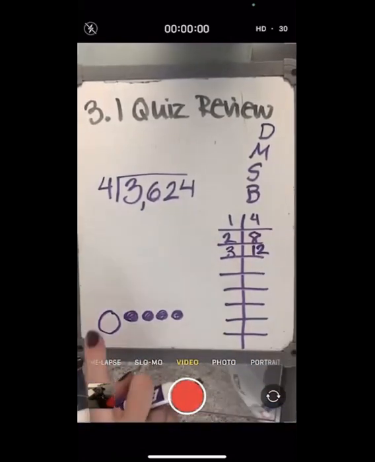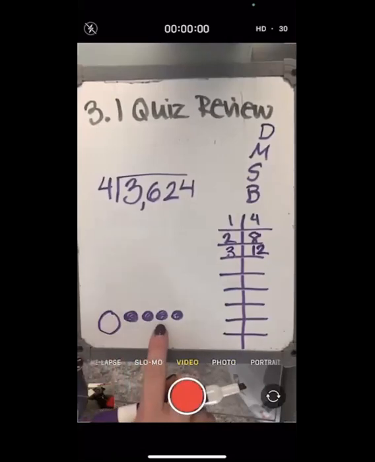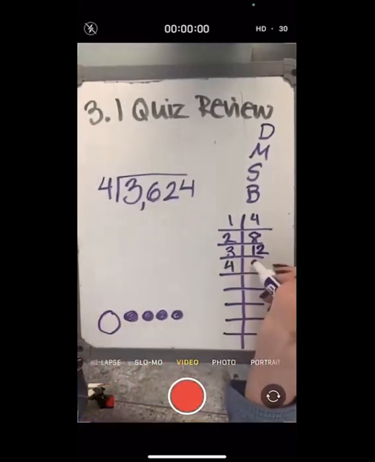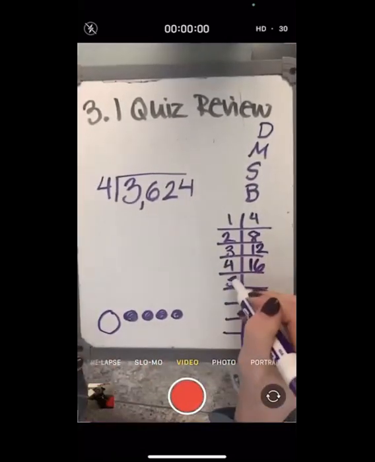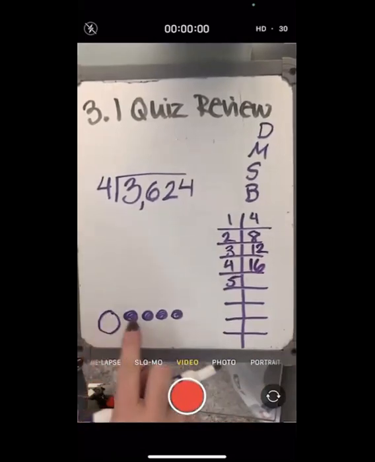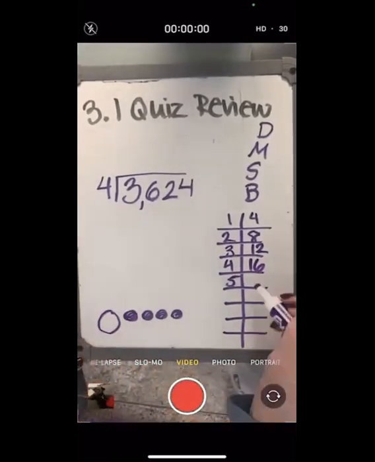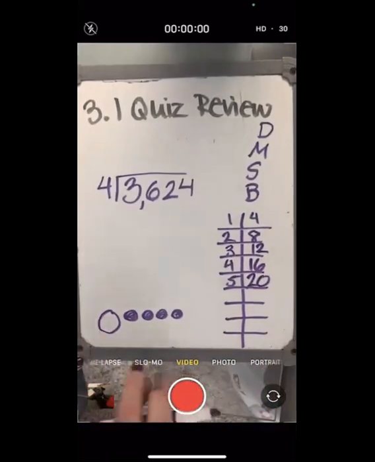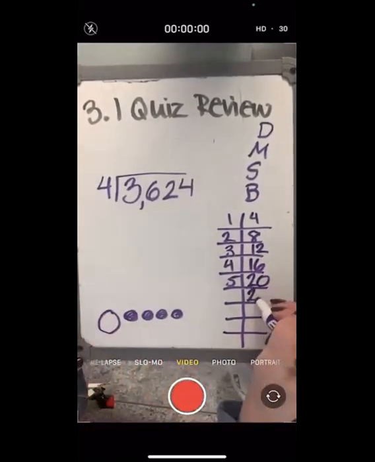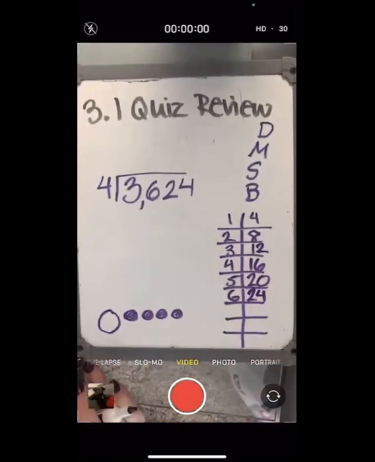write it down. Bring 12 back to my holding spot. 12, 13, 14, 15, 16, write it down. 16 back to the holding dot, 17, 18, 19, 20, write it down. 20 back to my holding dot, 21, 22, 23, 24, write it down.